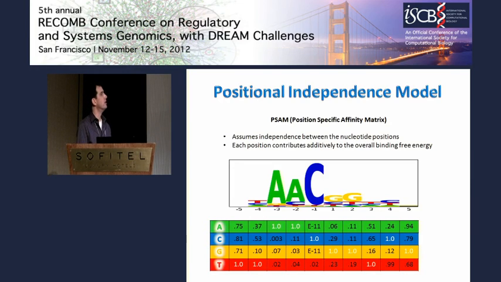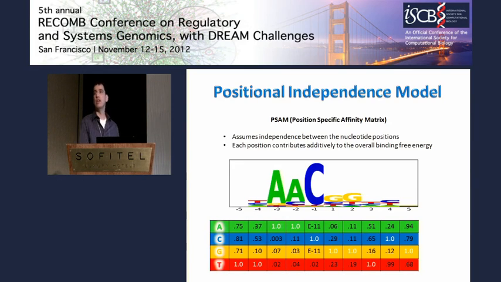So here in the center, this is a sequence logo, like the ones that were shown previously, where in each column in the sequence logo, we're depicting the level of specificity. And then underneath here, this is the corresponding position-specific affinity matrix for this logo, where for each column, we have listed the relative affinity for that nucleotide at that position.